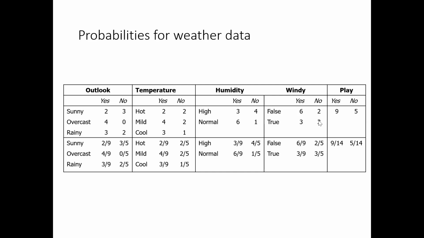You can notice that we have 3 and 4, and this is 6 and 1. You divide by 9, these are the probabilities. Similar goes with windy. And then finally, for the class attribute play, here are the values.